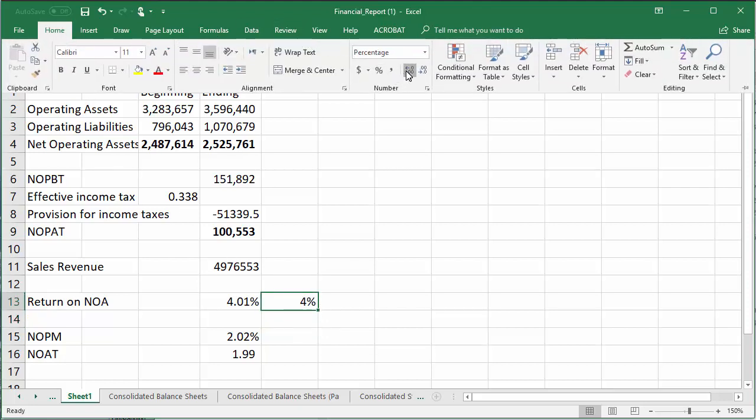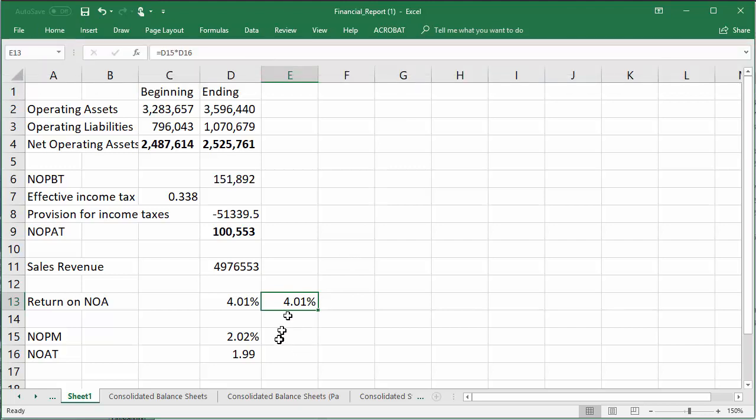And as you can see here, it is. So the math works. So now we can disaggregate return on net operating assets into its components of net operating profit margin and net operating asset turnover.